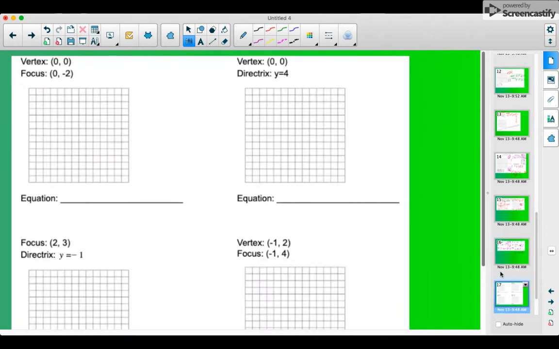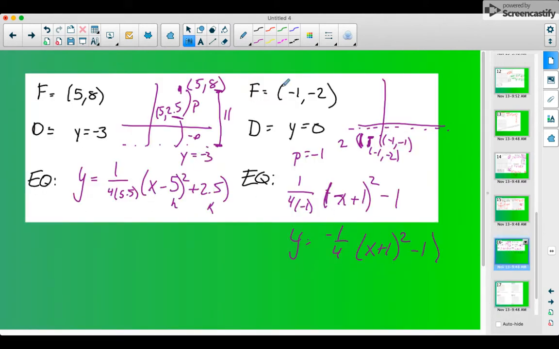I want you to try, I'll go back for a second. So what you would need to do in these cases is use the focus and directrix or whatever information I gave you to draw a picture and find your p-value. That's the first thing you're going to want to do. Figure out the p-value. Then you're going to set up your equation using h, k, and p.